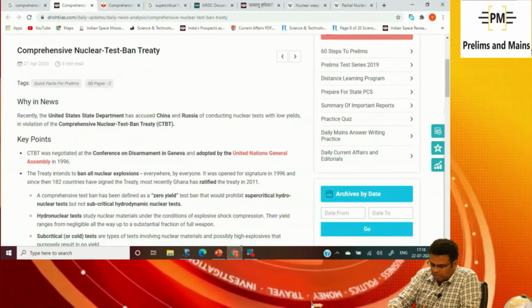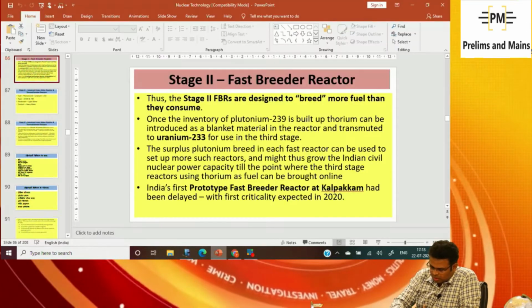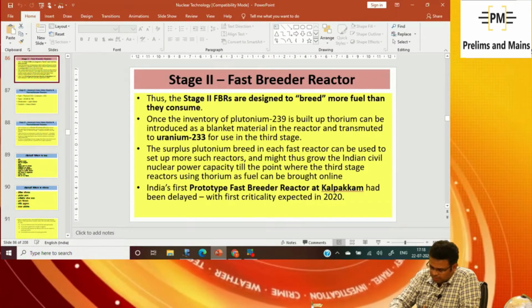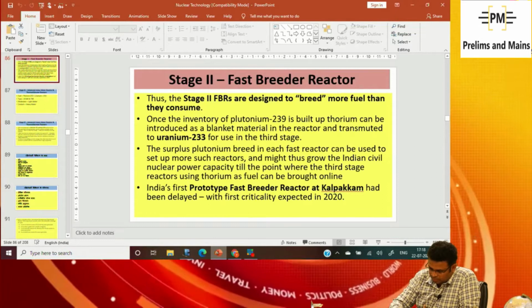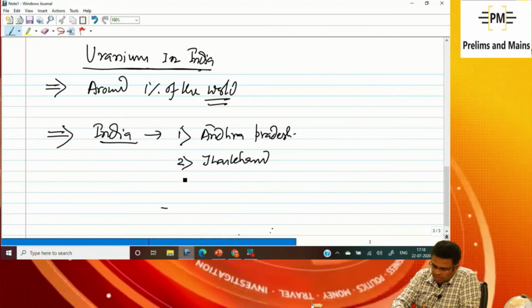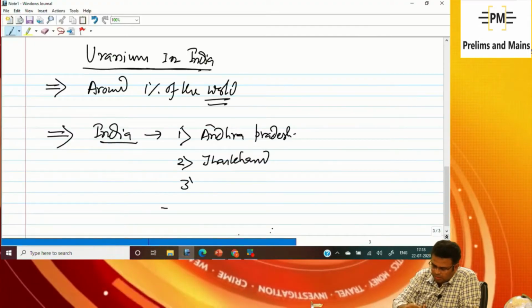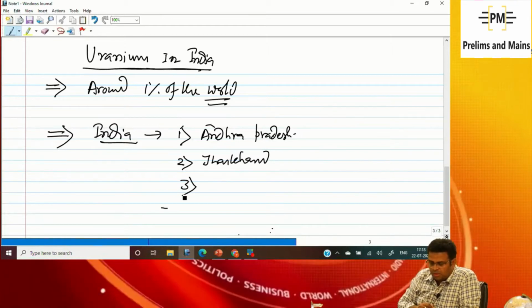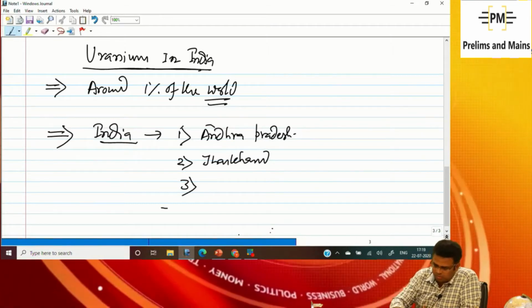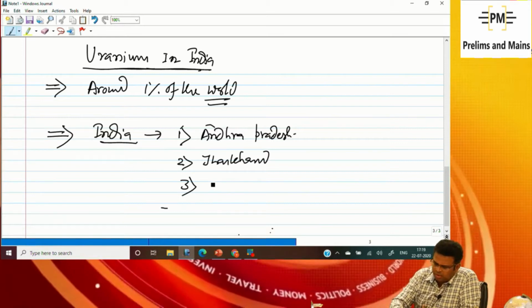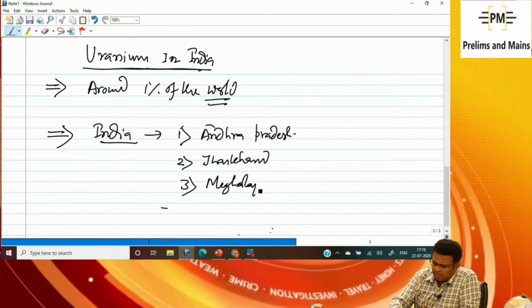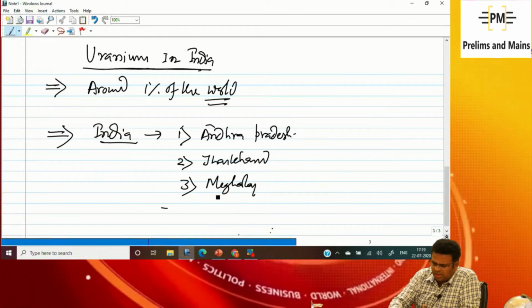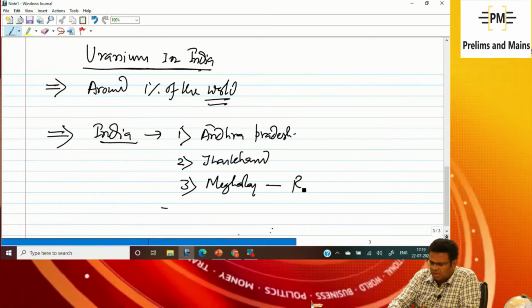Third, you can say Meghalaya, and something in Rajasthan here and there.